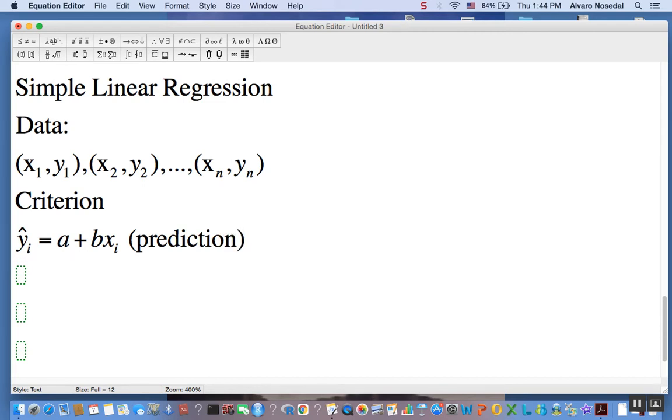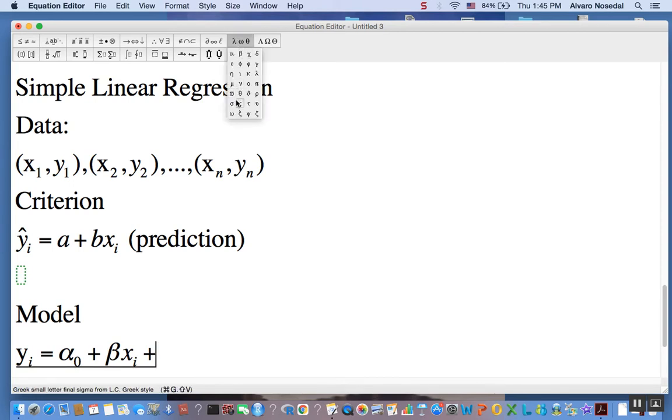Okay, now the model that we're assuming, the behavior that we believe our data has, is something like this. The authors of our textbook use alpha 0 to refer to the y-intercept, plus beta, that's going to be our unknown slope, times xi, plus epsilon, right?